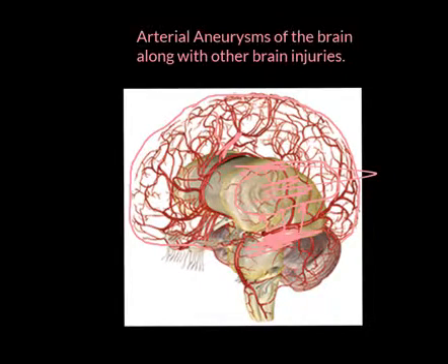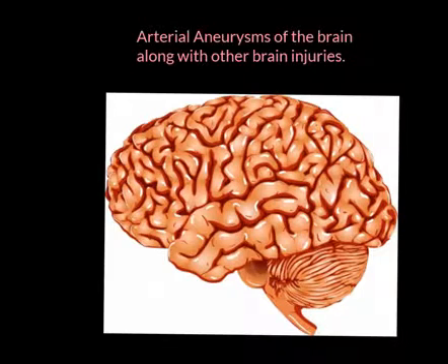Obviously that is not a good thing, and when a stroke occurs in that area, it's usually because of a blood vessel breaking. So I'll show you some of those. First, I wanted to show you what a normal brain looks like if you were to remove it from the skull.